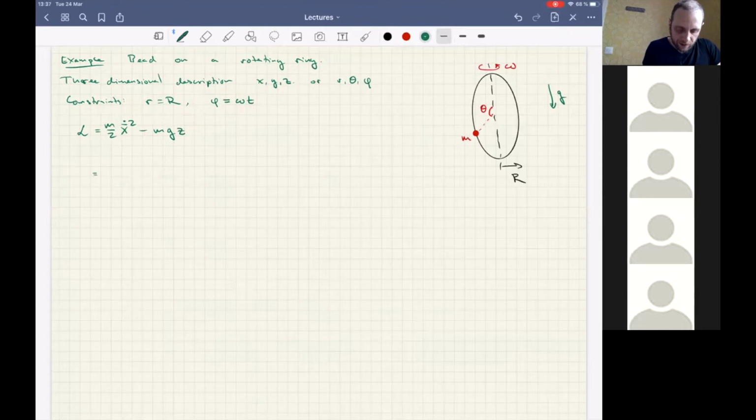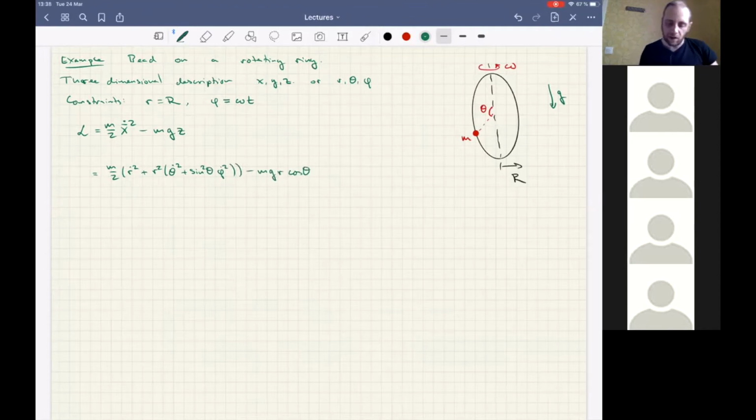Let me first write the Lagrangian in spherical coordinates: m/2 times (r dot squared plus r squared theta dot squared plus r squared sine squared theta phi dot squared) minus mgr cosine theta.